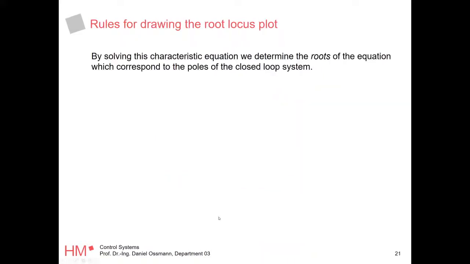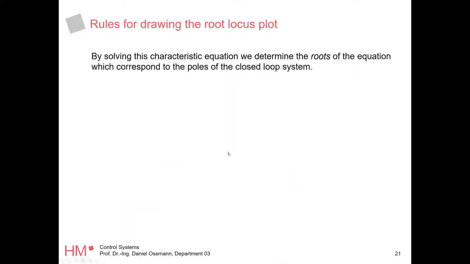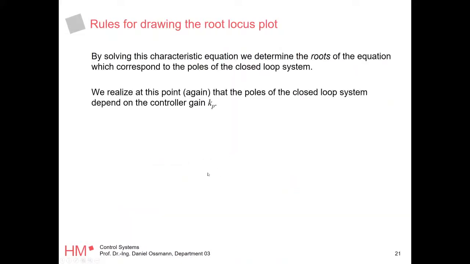So we know now that if we solve the characteristic equation, we're solving for the roots of this equation, which correspond to the new poles of the system. When we solve this characteristic equation, we get the poles of the closed loop. And as I've said a couple of times today, this is really crucial to understand.